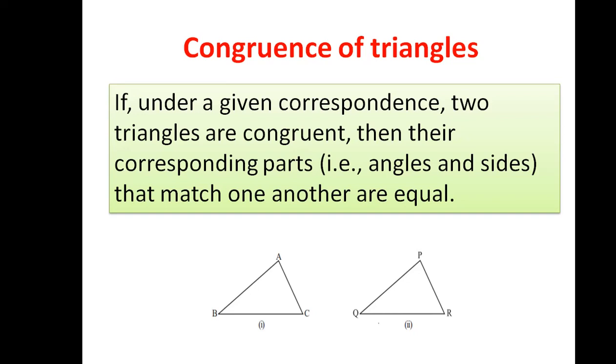Suppose in this diagram you can see at vertex A and vertex P the angle is the same, and B and Q are also corresponding angles and are the same. So all three angles are the same and all three sides are the same. So these two triangles are said to be congruent.